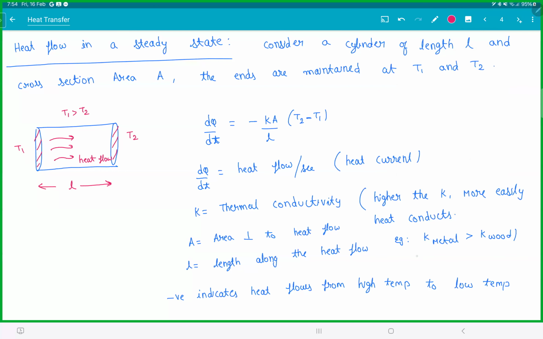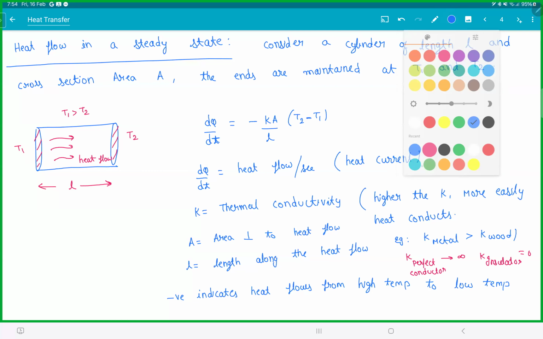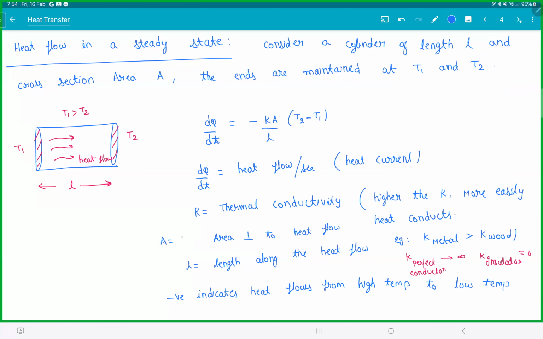If we talk about this K here, K for a perfect conductor is infinity. K for an insulator is 0. Just keep this in mind. And this is the cross-sectional area perpendicular to heat flow.